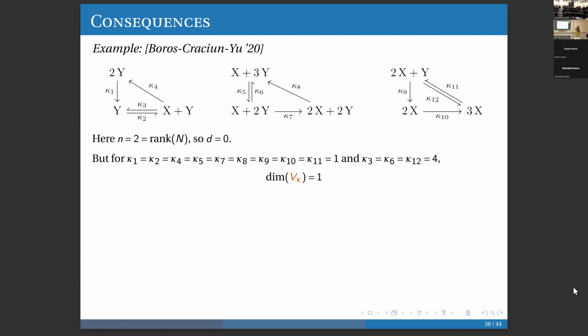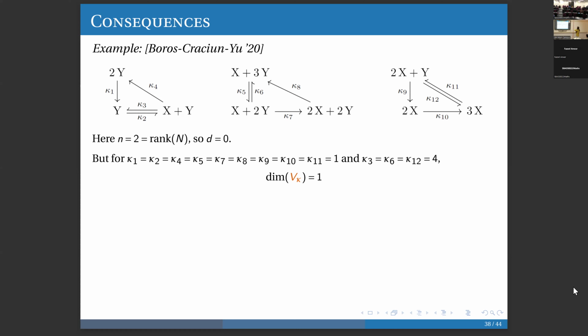I told you yesterday all the points are complex balanced, right? So you can see this from the structure, because you only need to see that it's weakly reversible and you compute the deficiency. And then you know it's complex balanced for all k. If it is complex balanced for all k, then it has a non-degenerate point for some k.